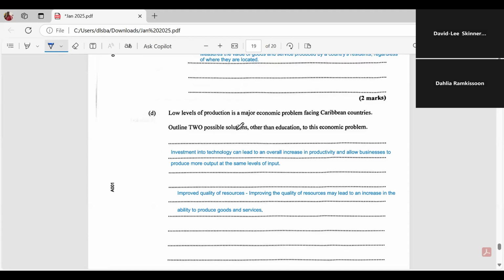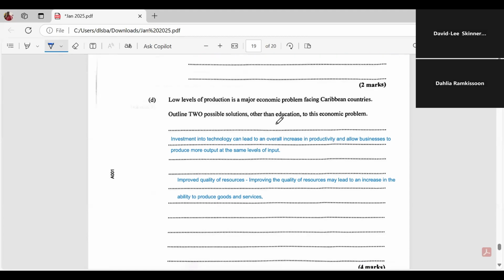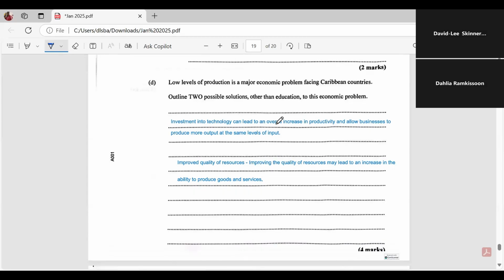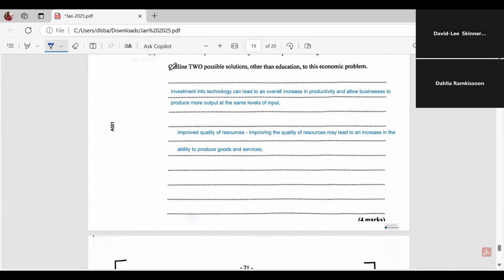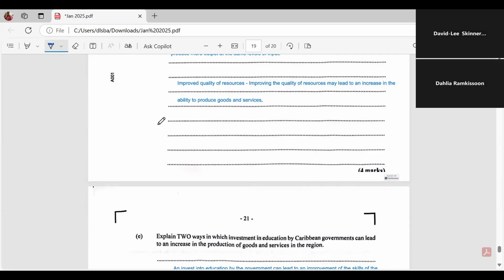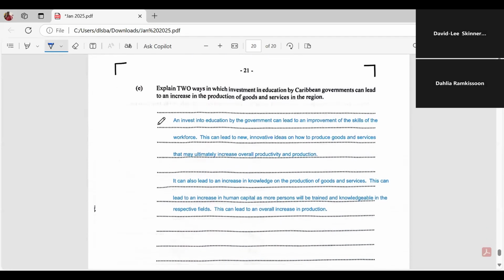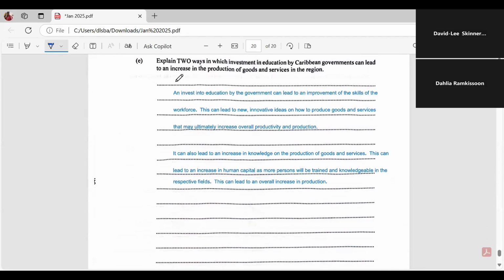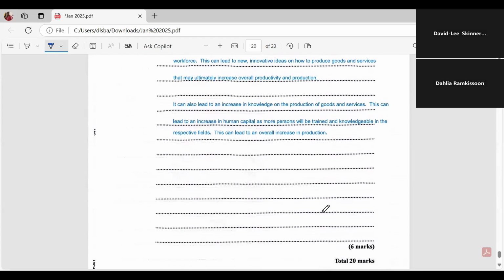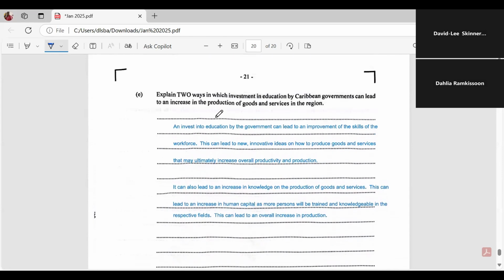Education would be a good one as well, and training, but it said besides education. So you notice they use the word outline, and it was 2 marks each. So when they say state, it's normally 1, outline 2, explain 3. That seems to be the trend, right? Explain 2, so that will be 6 marks. You see?